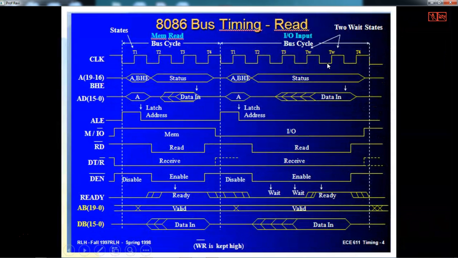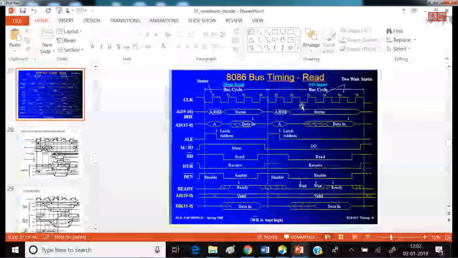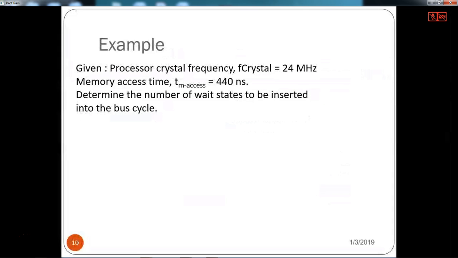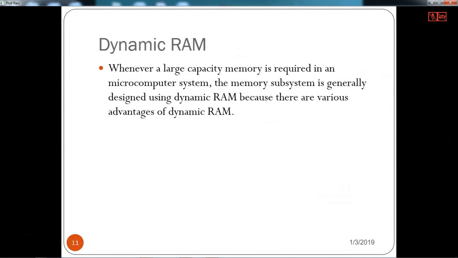You have to understand that when memory is slow and the processor is fast, the processor will go into wait states until the data is available on the data bus. This is the timing diagram: when a slow memory of 440 nanoseconds access time is connected to a processor, the processor has to wait. This is the calculation of the number of wait states to be added.